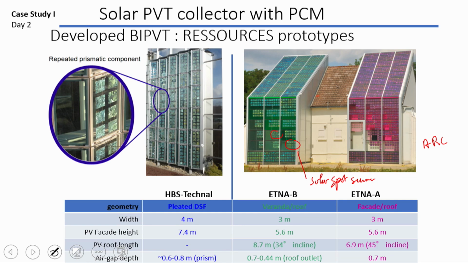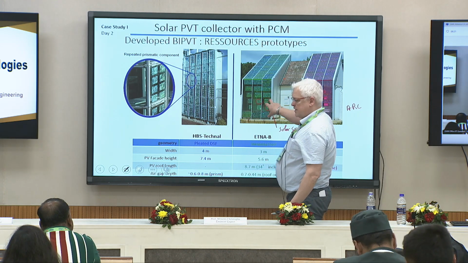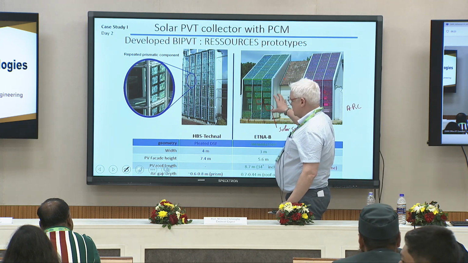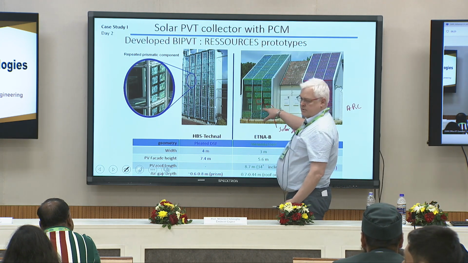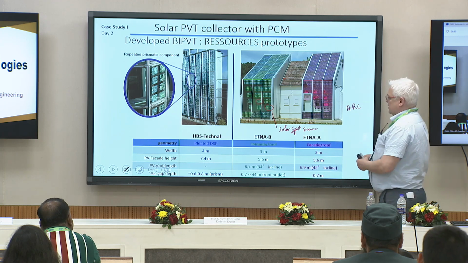Thanks to this protection, we have modelized the solar radiation path, and at the place where during summertime there was more concentration of solar energy, we put more cells to protect. Okay.